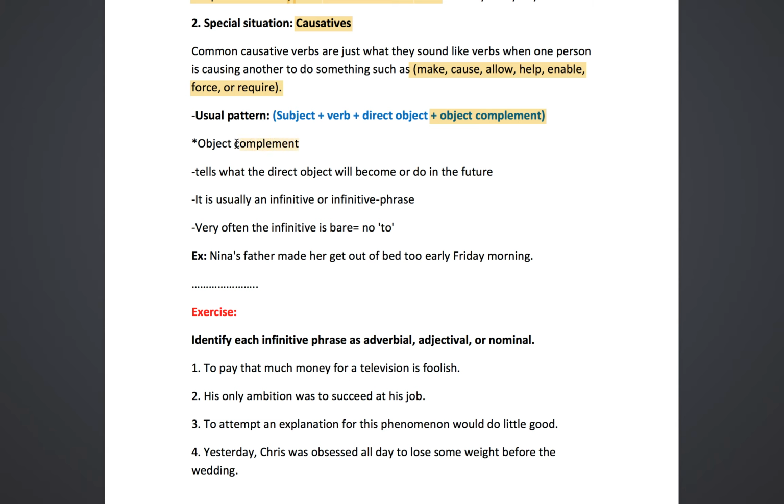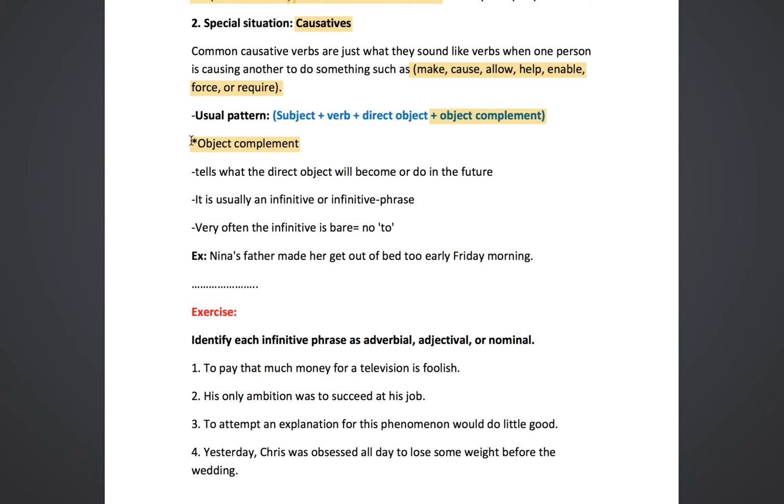So we can conclude that infinitive phrases could be the object complement too, which functions nominally. Why is the object complement important? Because it tells what the direct object will become or do in the future, and it is very often an infinitive or infinitive phrase.